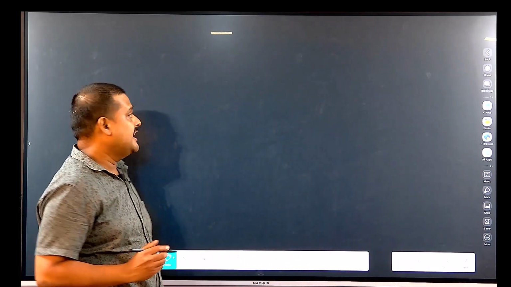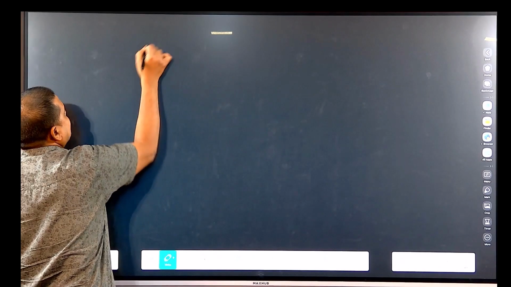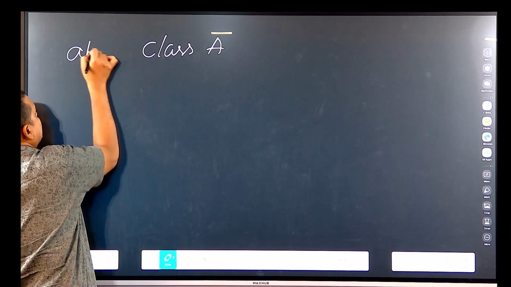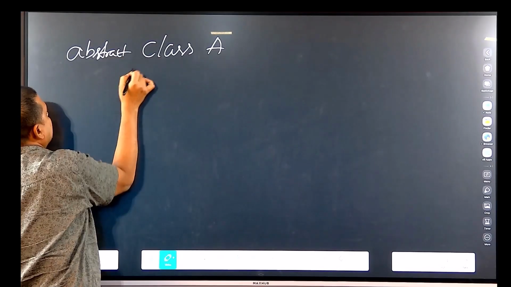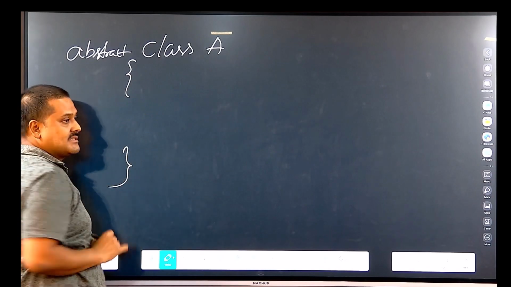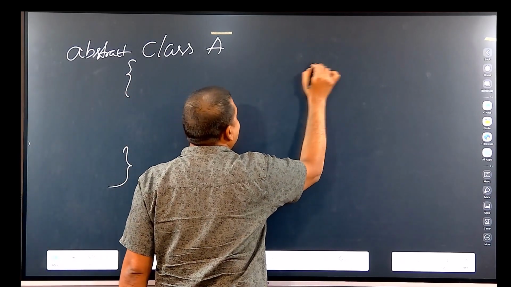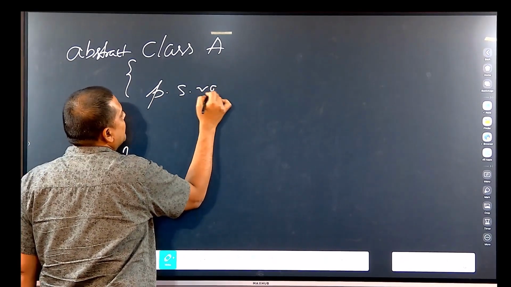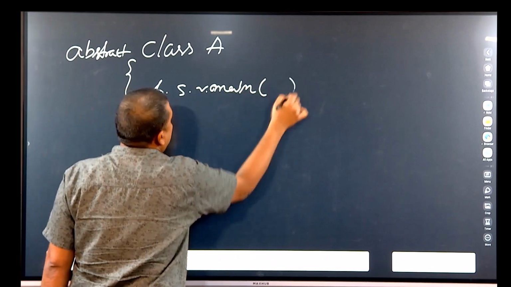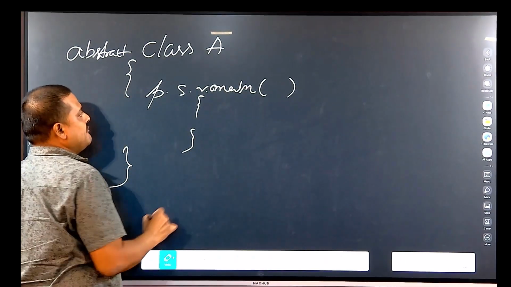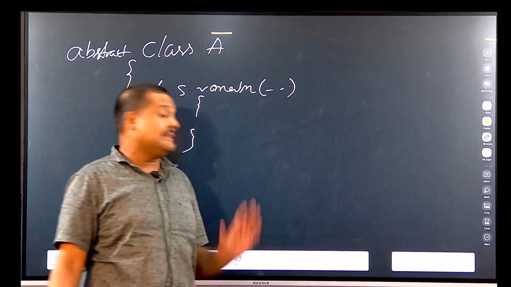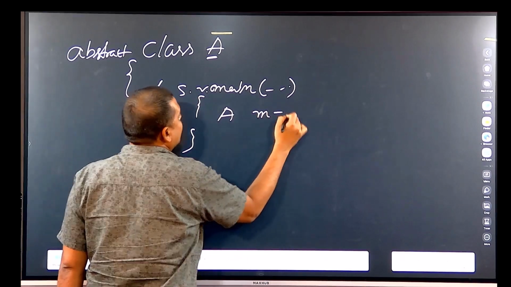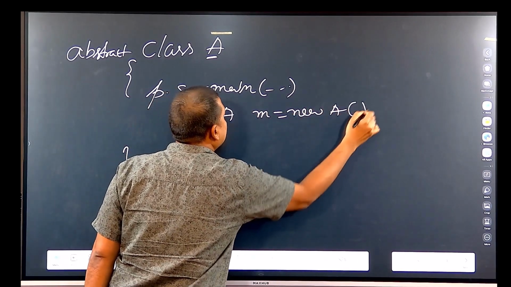Now have a look at how the behavior changes using this abstract keyword. If a class A is declared as abstract, and there is another class with public static void main, and in it I try to create an object, A m equal new A, what will happen?